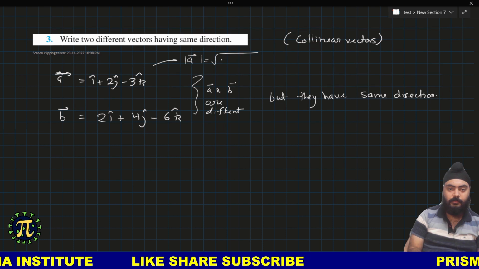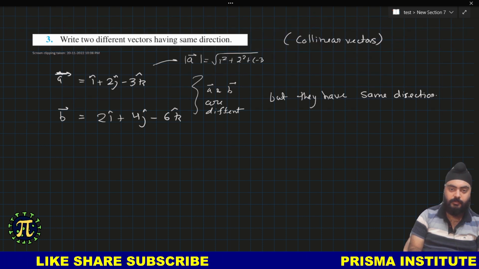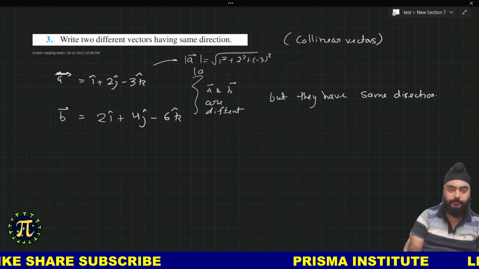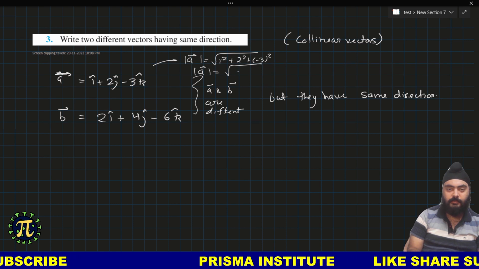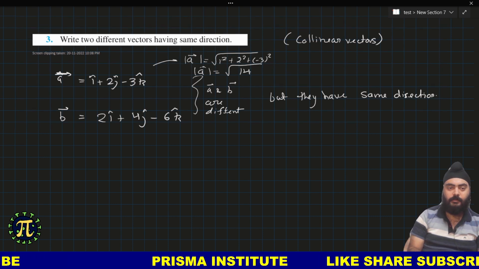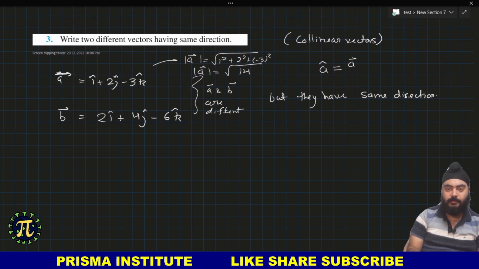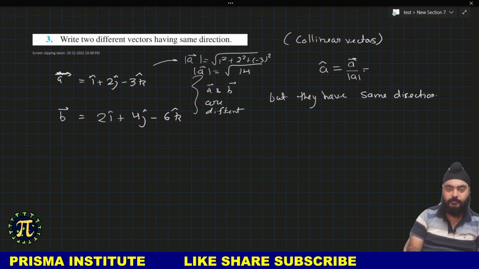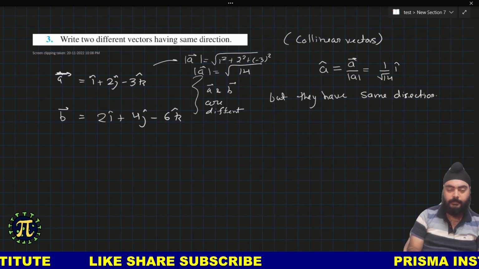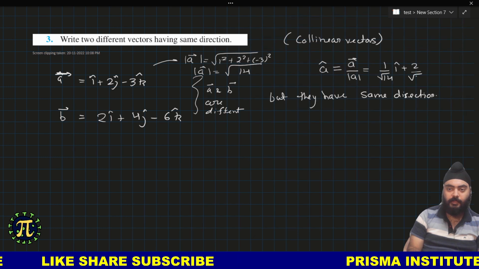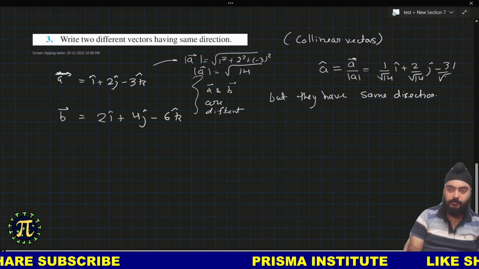Root of 1 square plus 2 square plus minus 3 का square, and we find mod A is 1 plus 4 plus 9, so root 14, and we find A cap is nothing but A vector divided by mod of A, which is 1 by root 14 i cap plus 2 by root 14 j cap minus 3 by root 14 k cap.